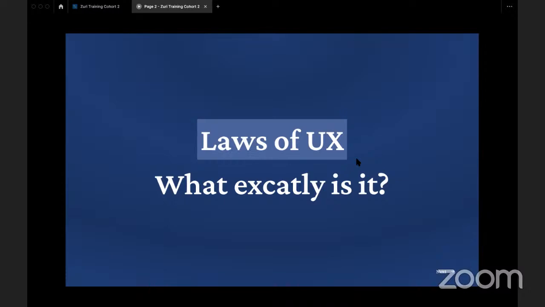So please, what do you understand by laws of UX based on the resources that were sent to you late last week and also earlier this week? So what do you understand by the laws of UX?